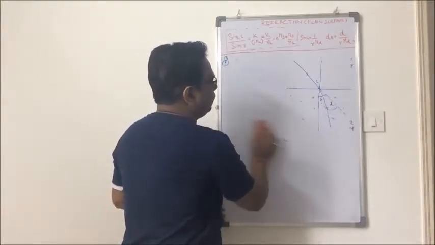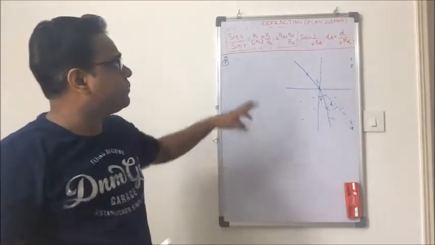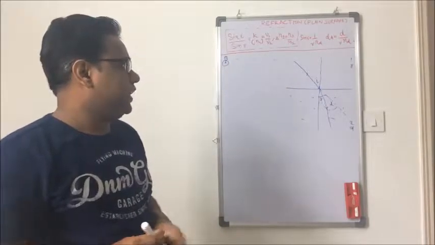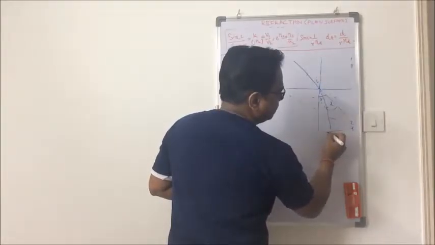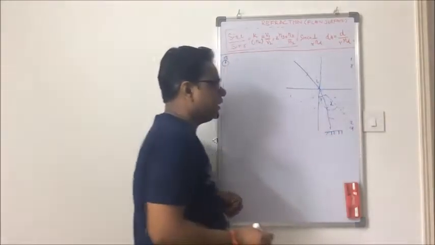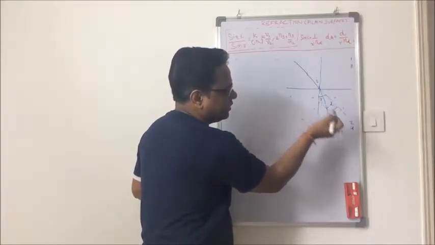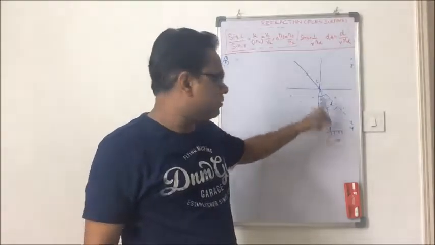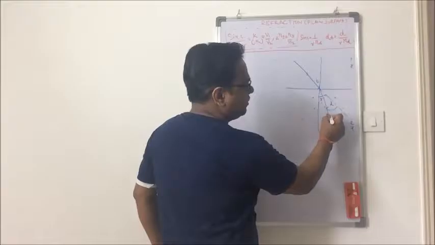Now I want to prove one important property which is derived from these two formulas. If you put a plane mirror here, just perpendicular to that ray of light, then the light will be reflected.